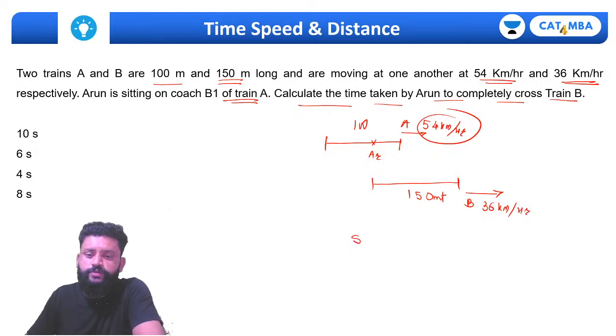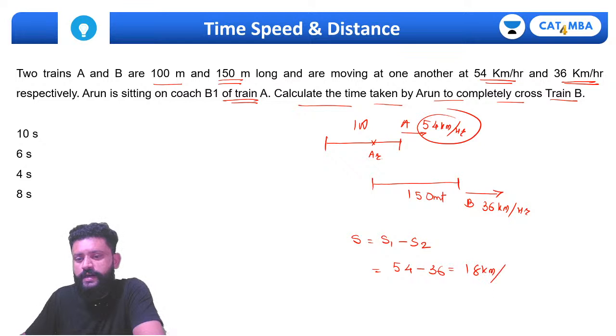So definitely relative speed will be S1 minus S2, which comes up to be 54 minus 36, which is 18 kilometers per hour. 18 kilometers per hour simply means 18 into 5 by 18, that comes out to be 5 meters per second.